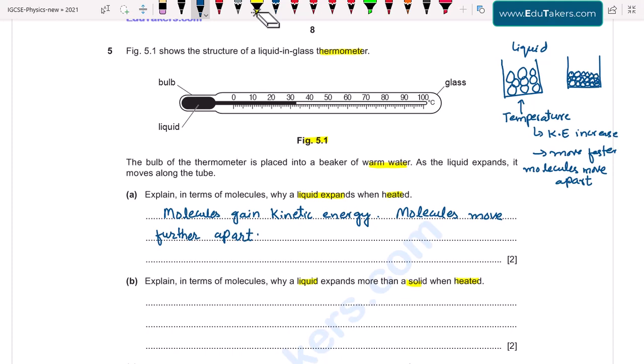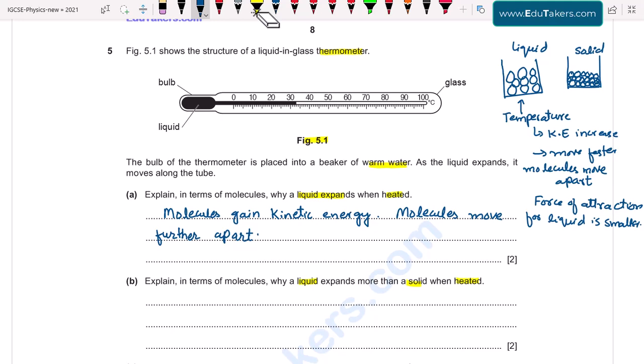So in this solid, the forces of attraction are very large. Force of attraction for solids is very large as compared to liquid. It means that liquids have smaller force of attraction. So force of attraction for liquid is smaller.